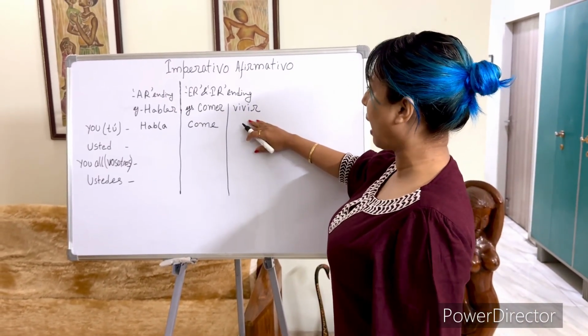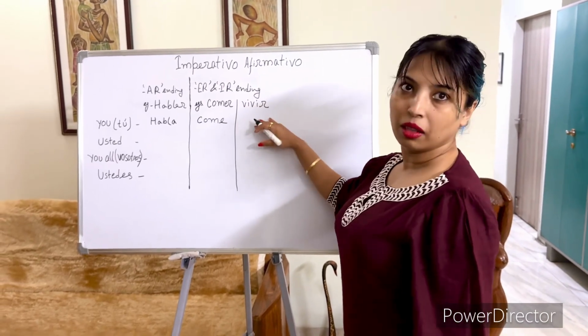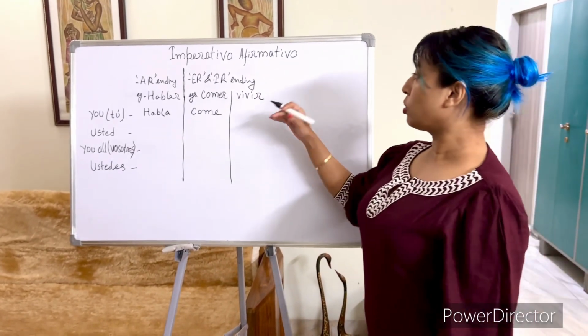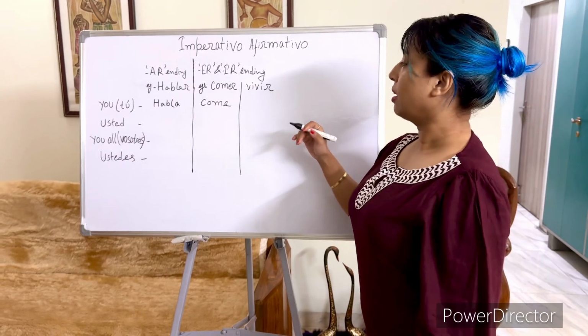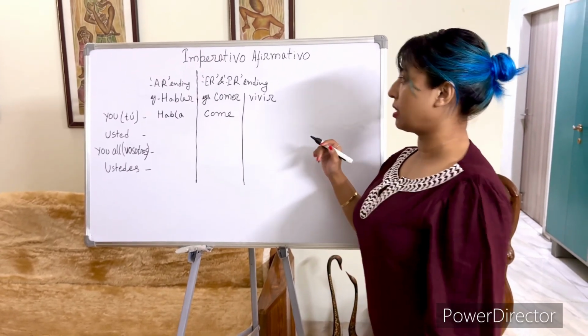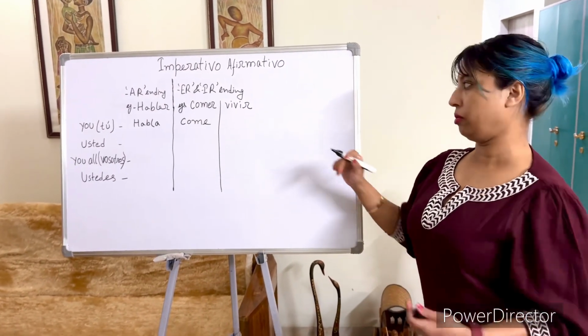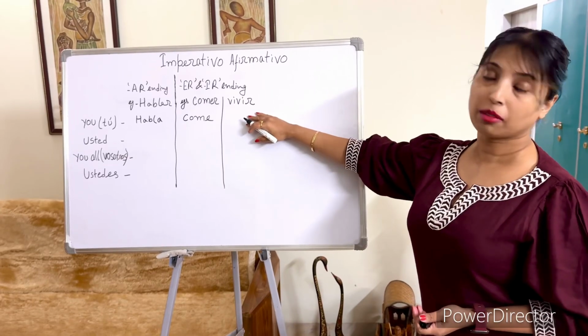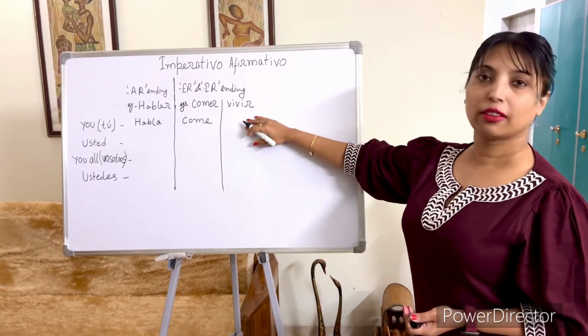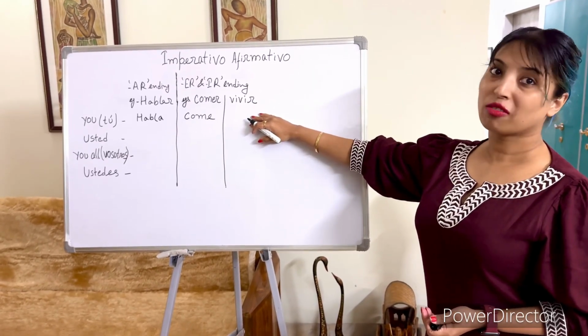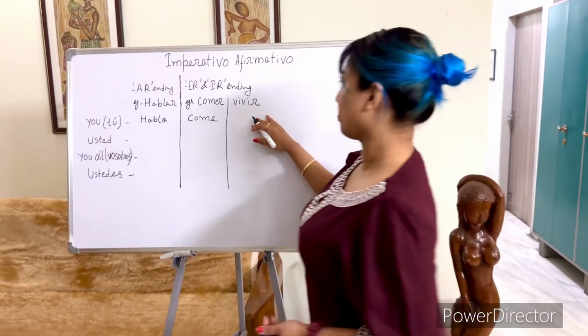Or for an IR ending verb, vivir, which means to live. The present tense conjugation of vivir is vivo, vives, vive, vivimos, vivís, viven.